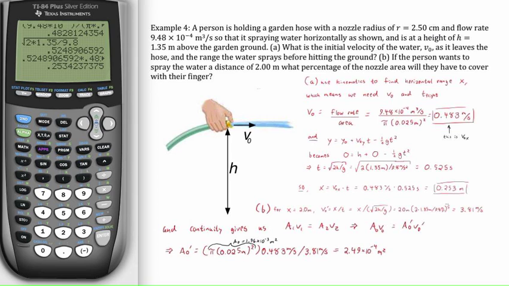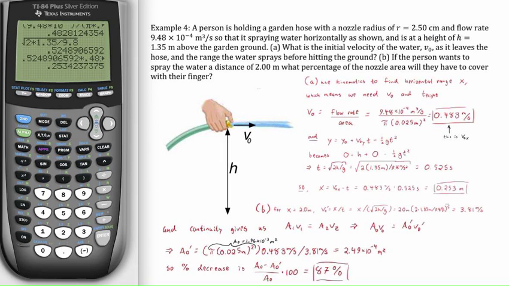Taking the original cross-sectional area, A naught, minus the new smaller cross-sectional area, divided by the original, we have that 87% of the hose nozzle had to be covered in order to get the water to go about 8 times further.